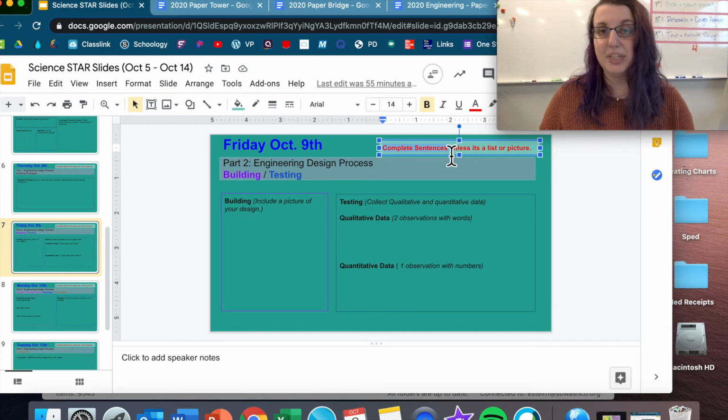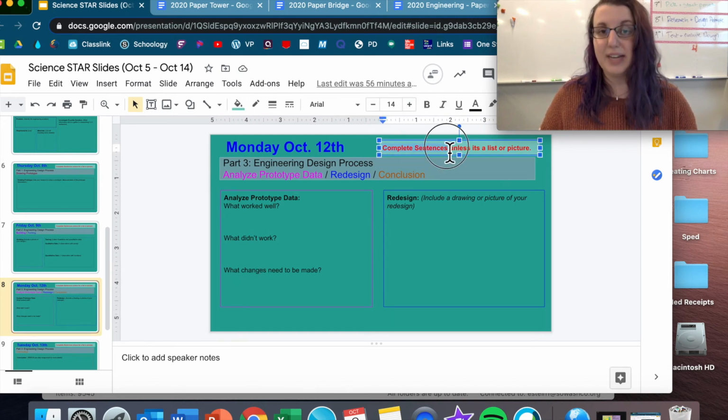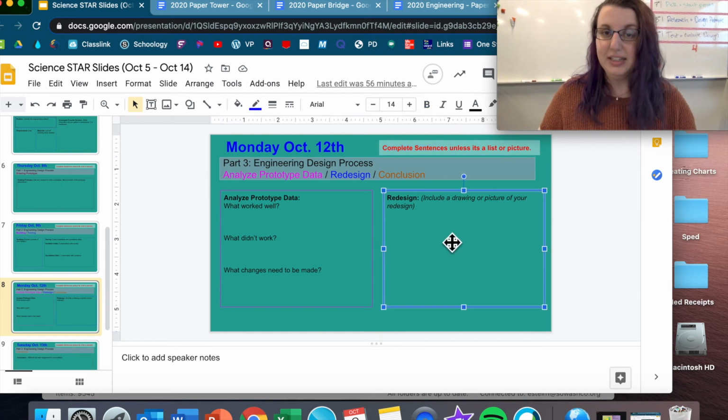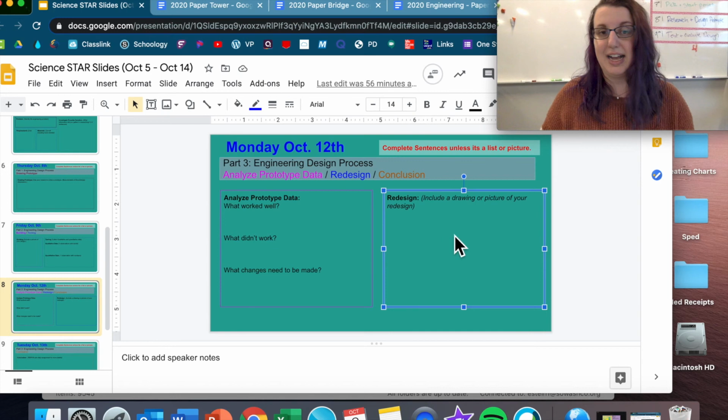So make sure it's in complete sentences, otherwise you will lose points. So answer these 3 questions with complete sentences, or again, you will lose points. Then, based off of your data, do a redesign. Do another sketch of your new tower, table, bridge, protector, and include a picture of that design right there.